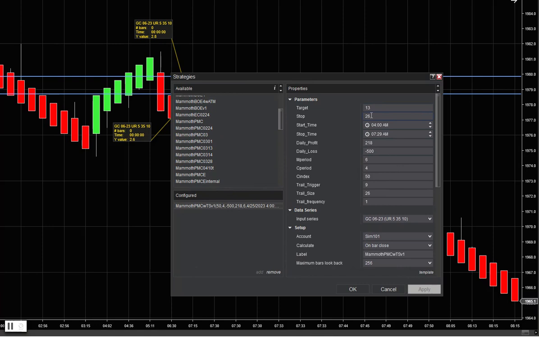It will be done. Why? Because we have the daily profit and the daily loss caps set right here. And also the start trading time is 4 a.m. Central Standard Time and the stop trading time is 7:29 a.m., also Central Standard Time.